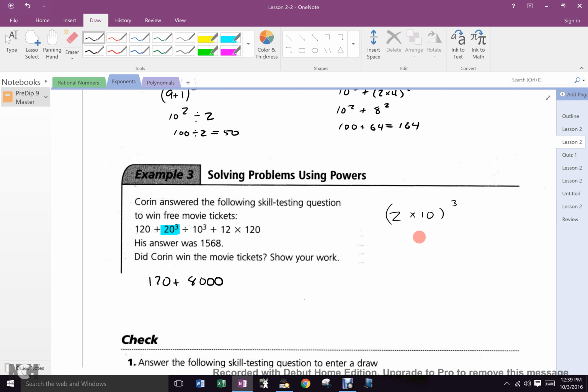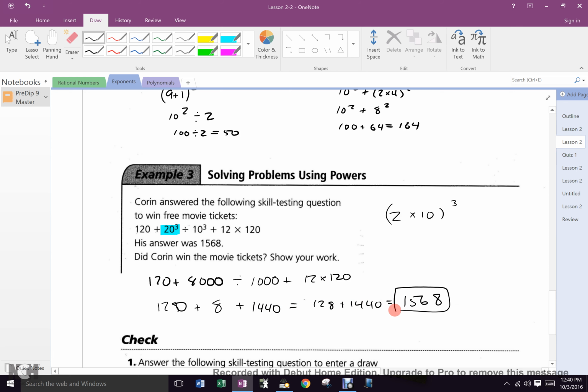You can go chunk by chunk. 8,000 divided by what? 1,000 plus 12 times 120. Now what? 120 plus 8 plus 12 times 120. What is it? 1,440, because 12 times 12 is 144 and it needs a 0. 128 plus 1440. 1568. Did Corin win the tickets? Yes, he did.